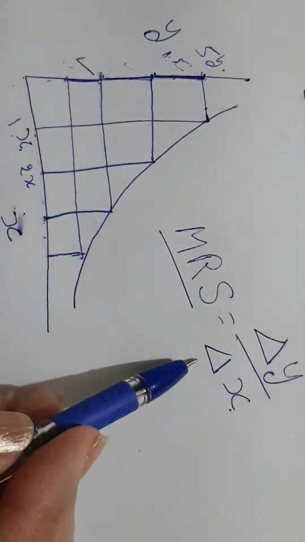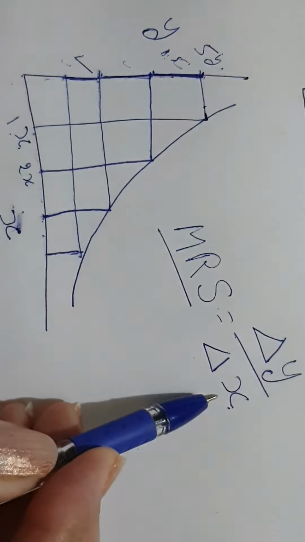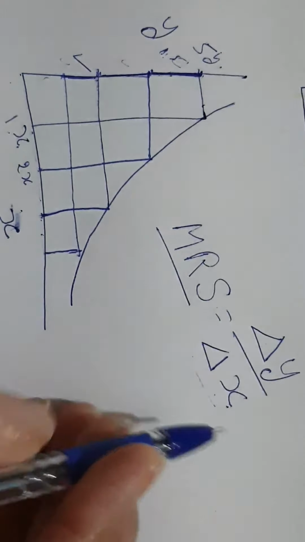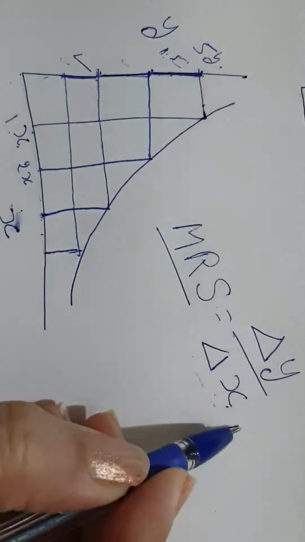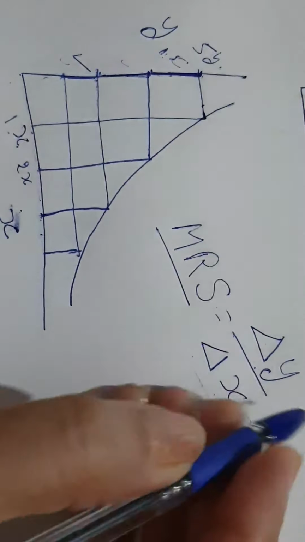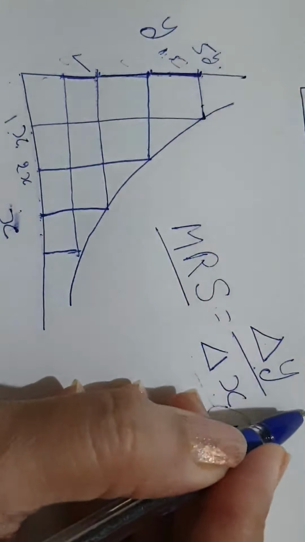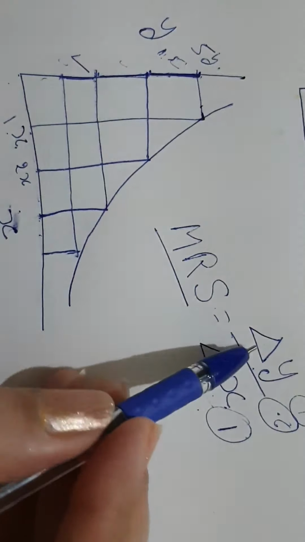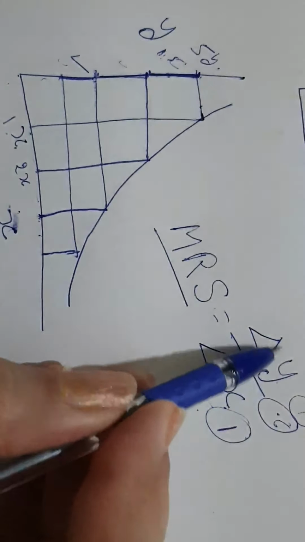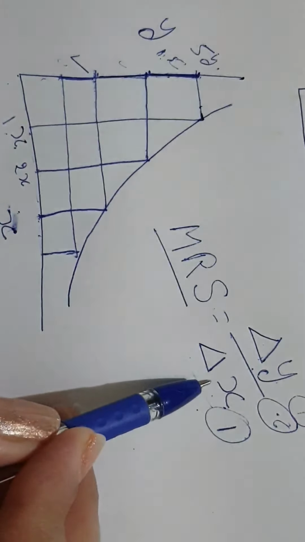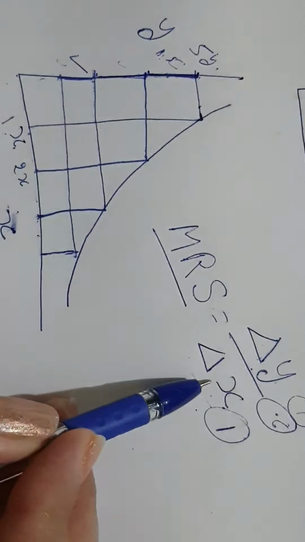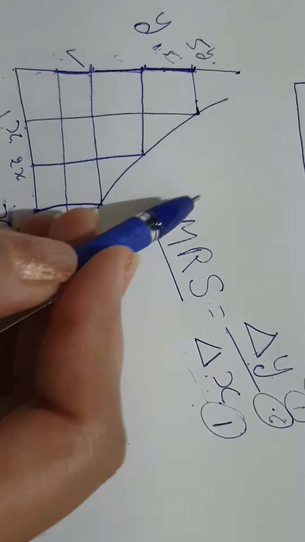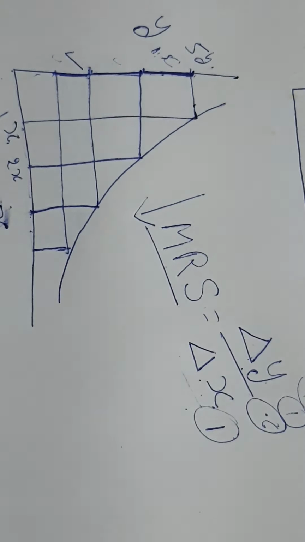As you are increasing consumption of x, you have to decrease consumption of y. This is 1 every time. But this was earlier 1.5, then near about 1, then near about 0.6. So whatever you are sacrificing of y so that you can increase consumption of x is decreasing. So you can say the marginal rate of substitution is decreasing.